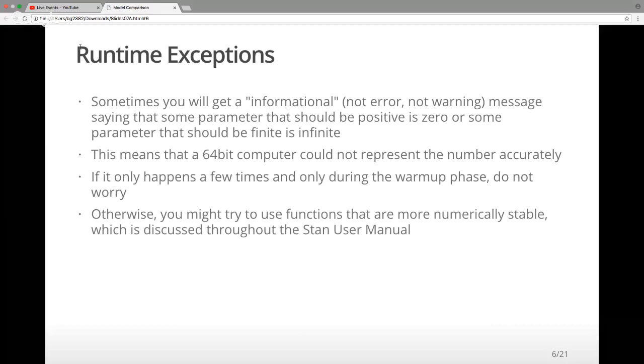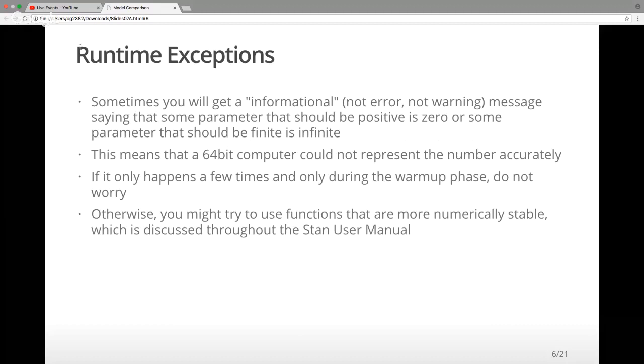So if you go into R, the biggest number that R can represent is something like 10 to the 324th, which is way too big for normal use. But if it's one bigger than that, R just calls it infinity. And Stan does the same thing. It's not really specific to the language you're using. It's specific to the hardware on your computer. It can only represent so many digits using 64-bit numbers.